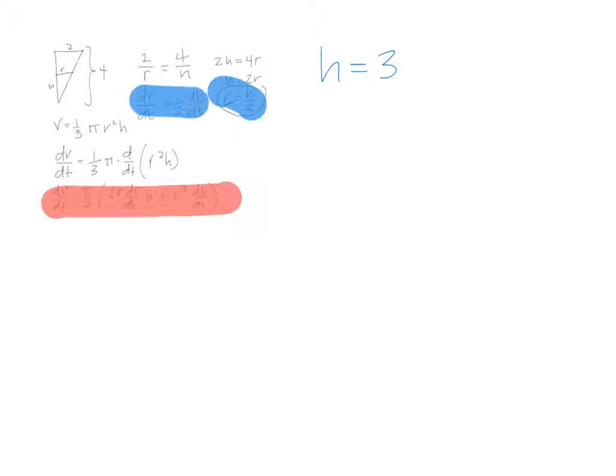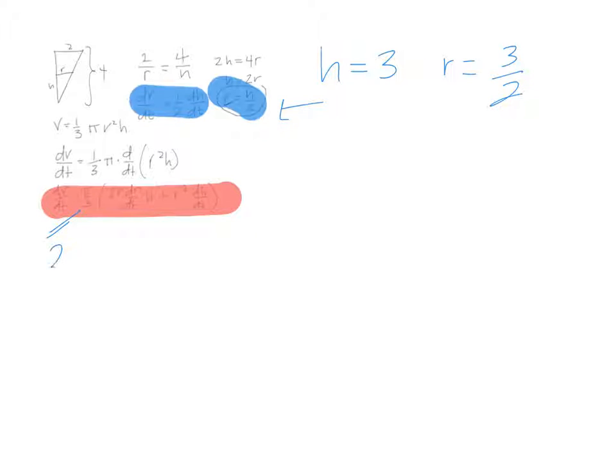You can either just plug it in directly, or from height equals 3, radius must be 3/2. So you can sub those in directly, whichever way you want to go about it, or you could change out these r variables for h's as you see fit. Regardless, I also know dv by dt from the previous page. dv by dt in this case was 2.